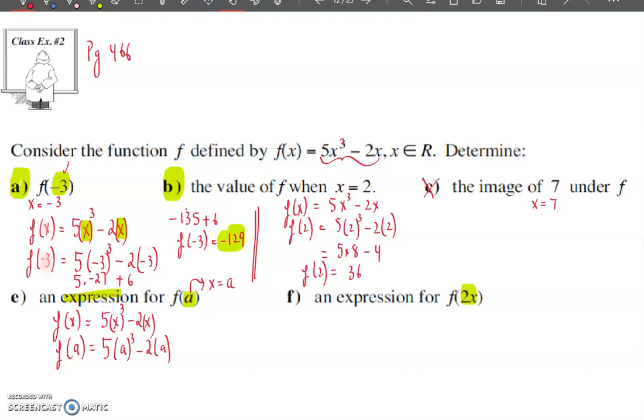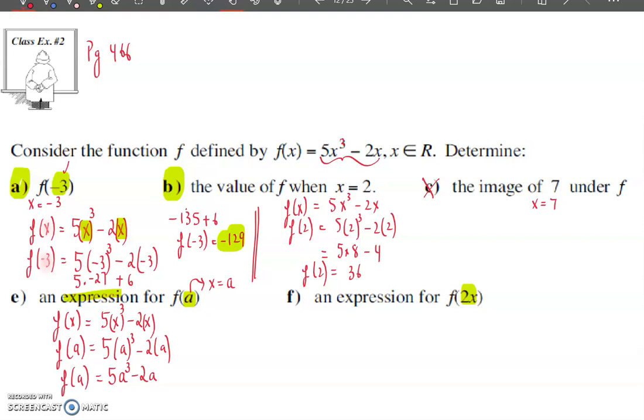It's not like I can find the value of it. That's why the question said find an expression. We can only find an expression. I can write it a little bit neater. There is no point to the brackets here, so I can take them away. That's the most I can do. It's kind of silly, we just replaced x with an a, but that's what the question wanted us to do. So we did it.